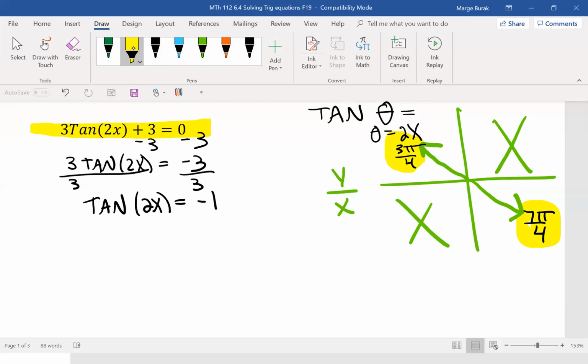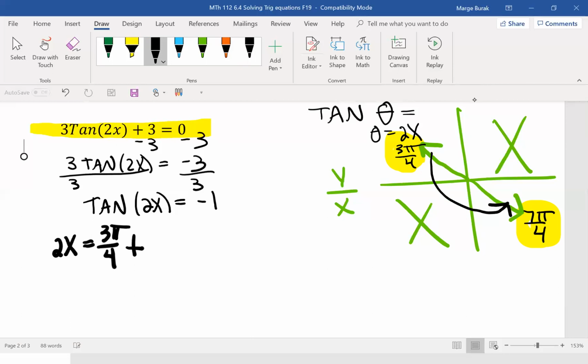So let's take 2x. So this needs to be 3 pi over 4. So we're going to say 2x, which is what's inside my argument. That's the argument, what's called after the tan. That must equal 3 pi over 4 plus, and if we think about it, the period of a tangent is actually pi.